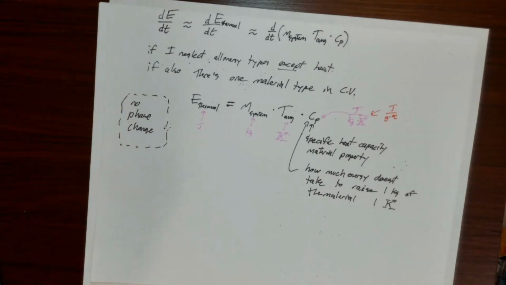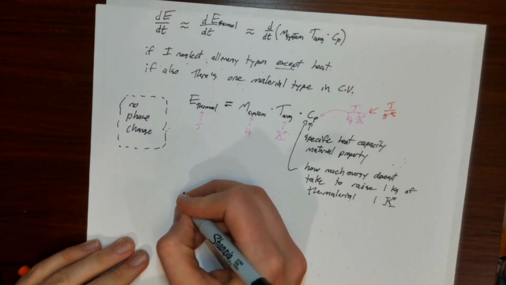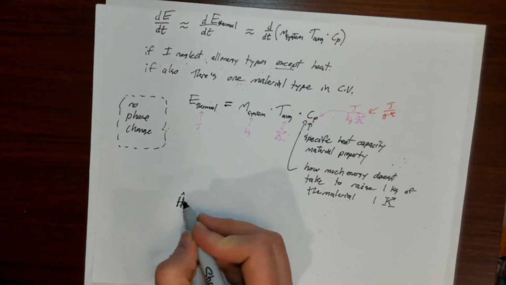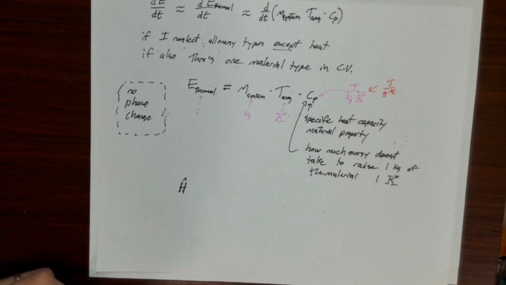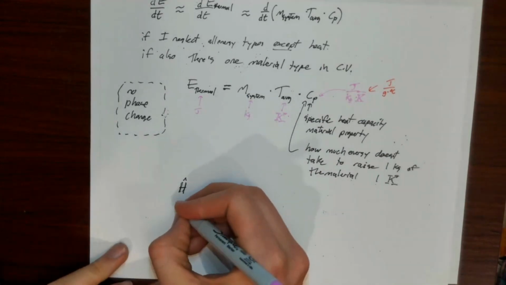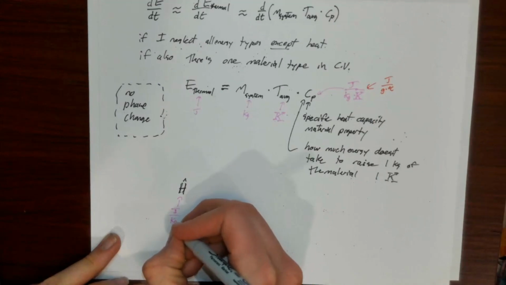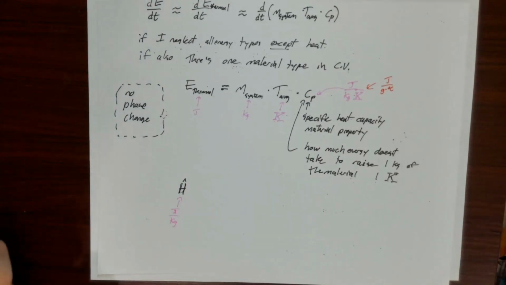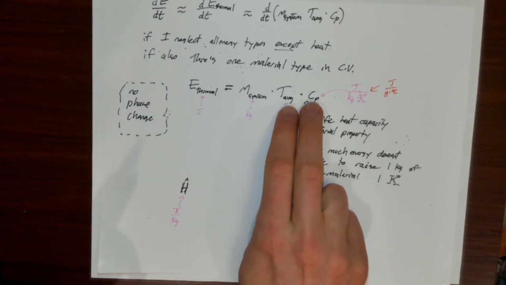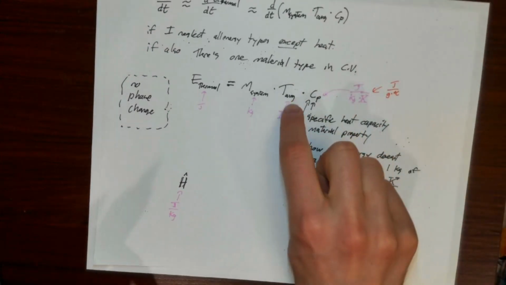Well, I could formulate this H hat. This is basically how much thermal energy does each chunk of fluid have? Well, I could say this has to have units of joules per kilogram. And if we notice, this H hat is basically the product of these two terms right here. Here I have joules per kilogram Kelvin times Kelvin.